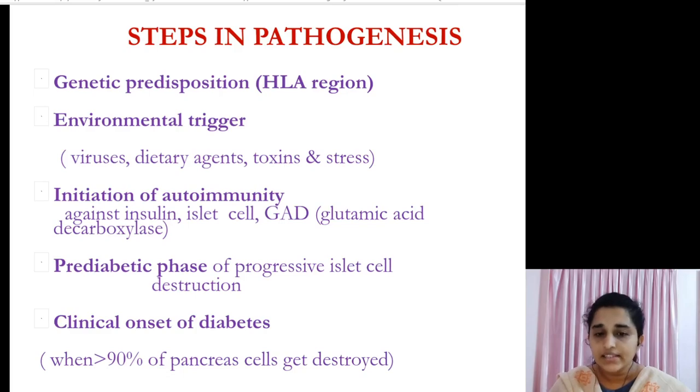And next phase is the pre-diabetic phase of progressive islet cell destruction. In this pre-diabetic phase, it is not necessary that the child is showing certain signs and symptoms. Next is clinical onset of diabetes, and we have to keep in mind that this is when more than 90% of pancreas cells get destroyed.